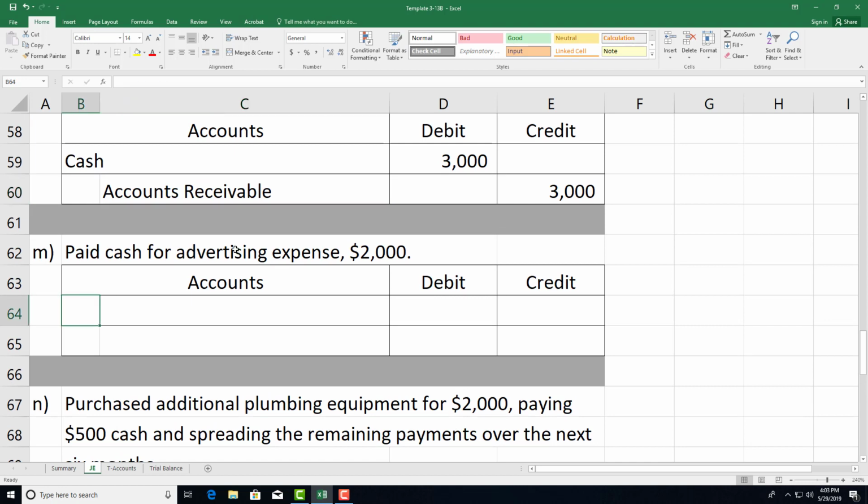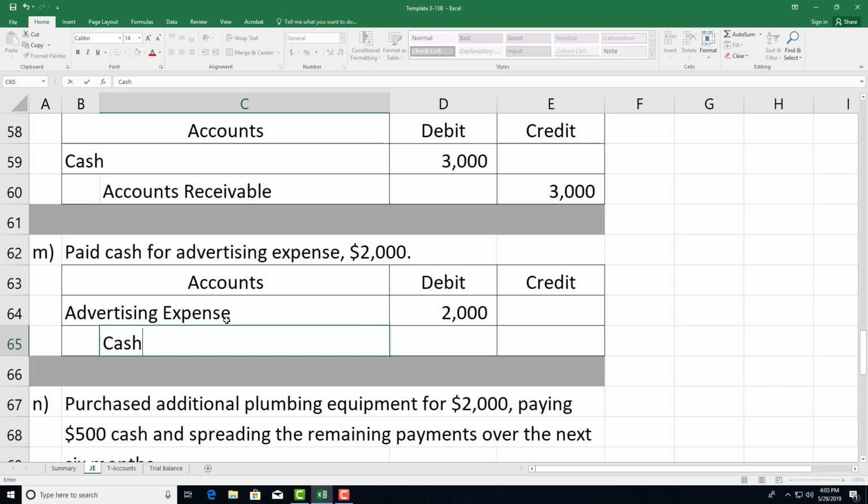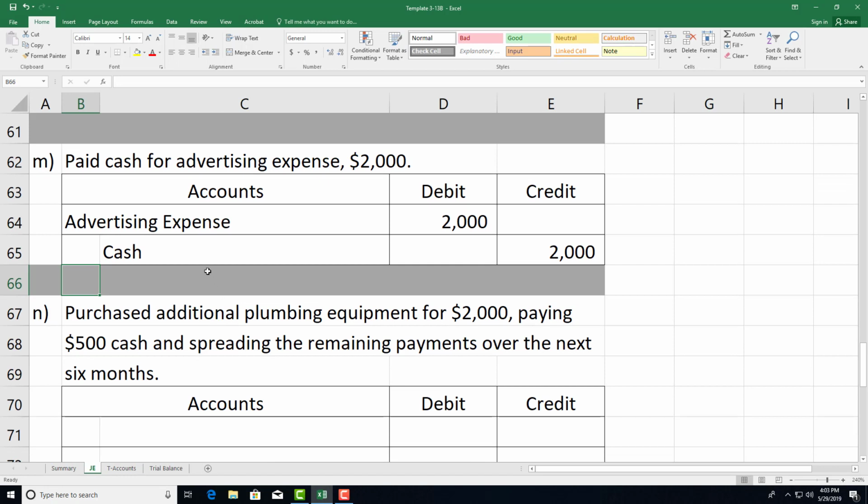Next transaction, paid cash for advertising expense, $2,000. So another expense. Advertising expense is debited $2,000. And cash is credited $2,000. Again, I know it probably still sounds very weird to say cash is going down, therefore we credit the account.